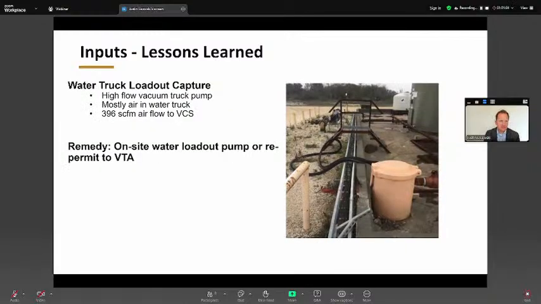And then lastly, not lastly, I guess I got maybe one more, is our truck loadout, especially water truck loadout. If any of you are familiar with how water trucks load out at an oil facility, they'll pull up to a site, and they'll actually have a vacuum pump pulling on your tanks to increase the rate at which they're pulling fluid from the tanks to decrease their time sitting on the pad.